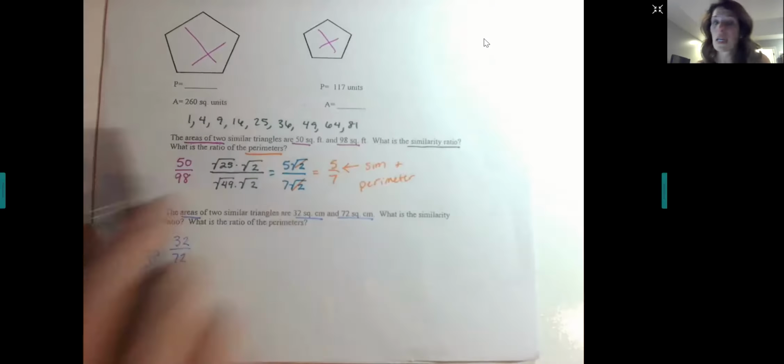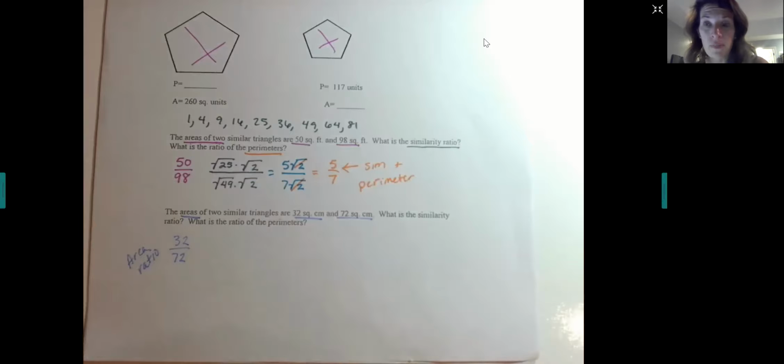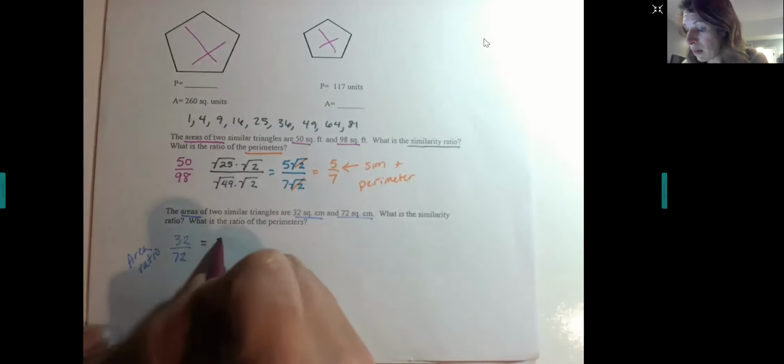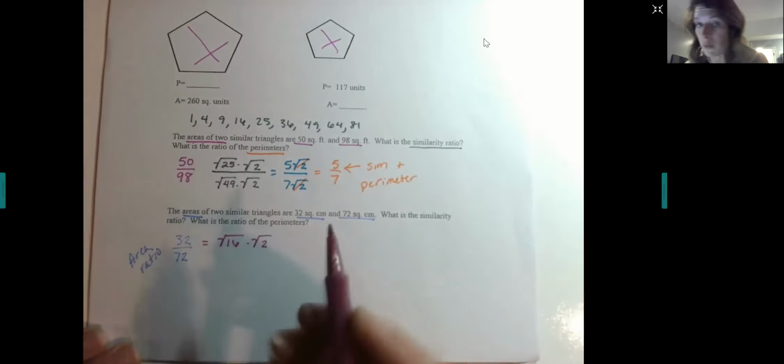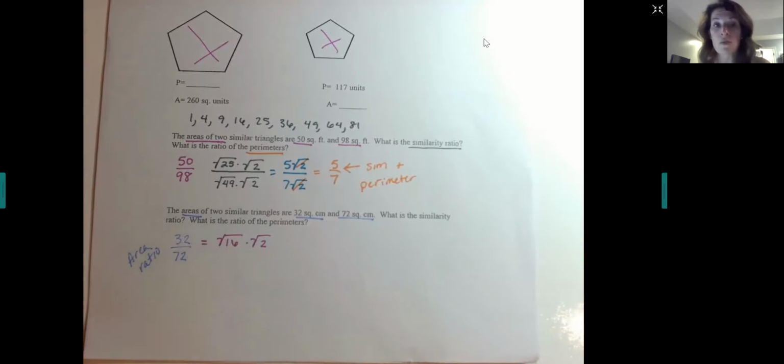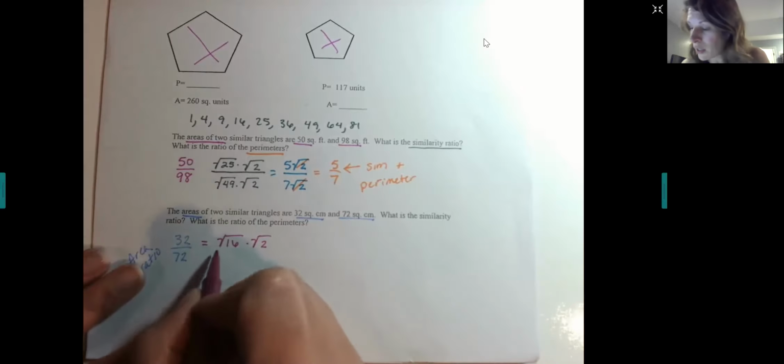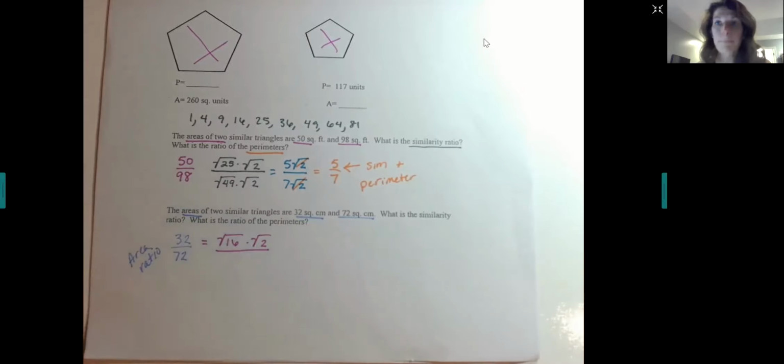We're going to look at our perfect squares up above. Hopefully you can see that 16 times 2 is 32. So I'm going to say that we have the square root of 16 times the square root of 2. We have to take the square root of 32 in order to get our similarity ratio. I also have to take the square root of 72.